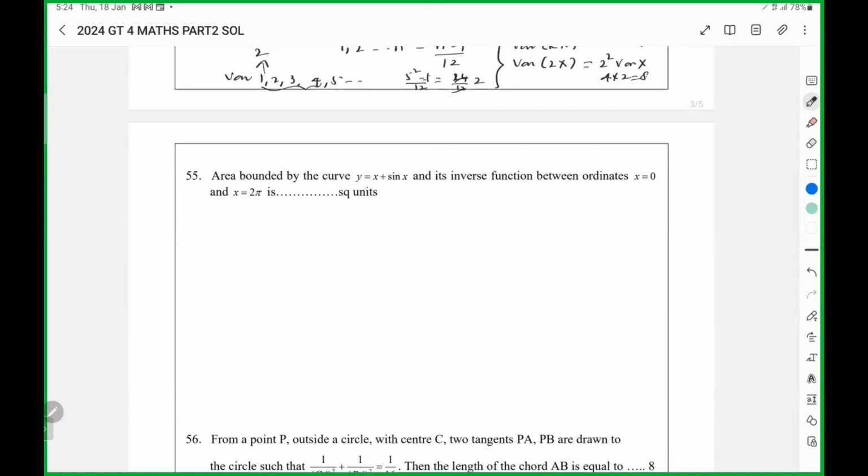Here, area bounded by function. Suppose it's not related to this problem. Find its inverse, we will assume y.